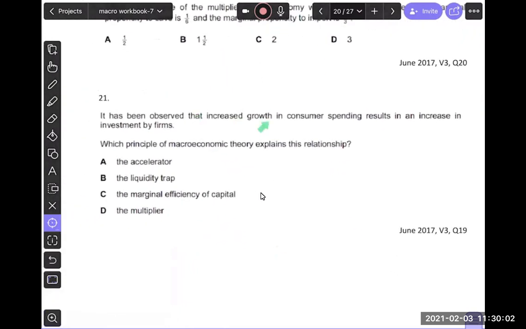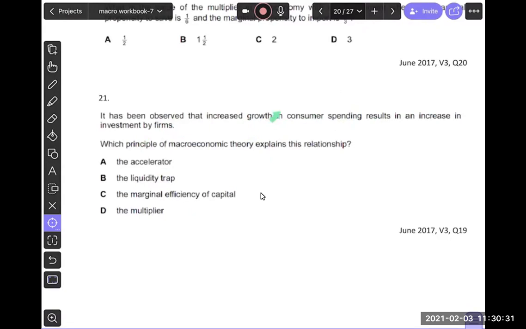It has been observed that an increased growth in consumer spending results in an increase in investment by firms. What principle is this? When more spending leads to more investment, what is it called? Accelerator.